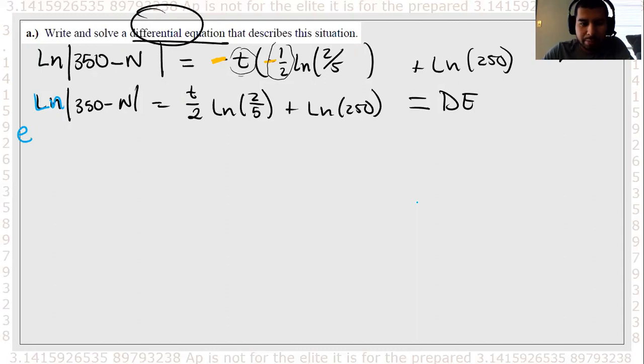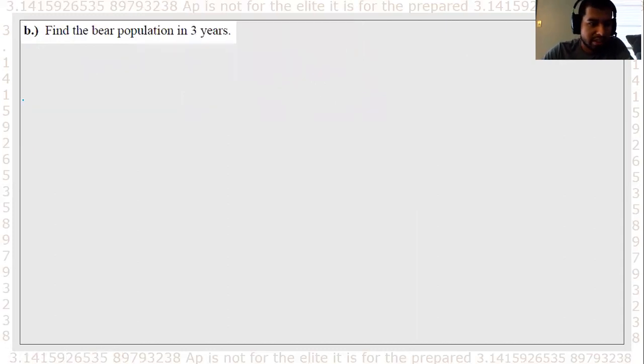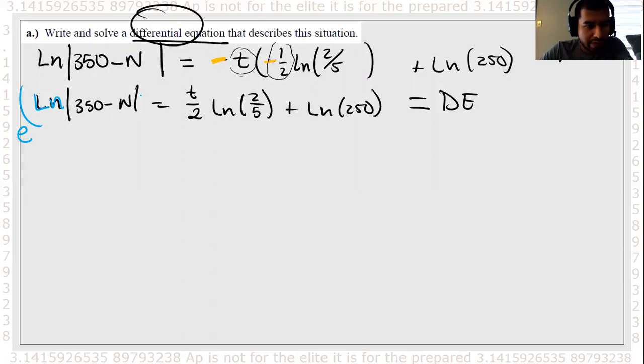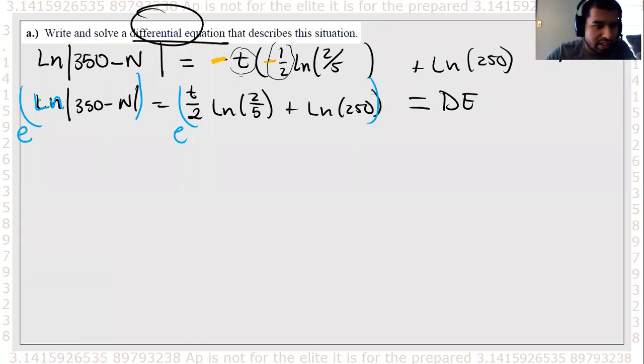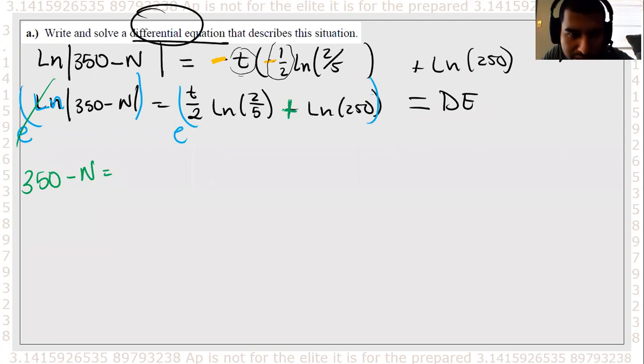Everything is going to be raised to an e, unfortunately. Keep in mind, guys, it's not that bad. Everything's going to simplify. You already did all the hard part, which was differentiating. So e to the ln, well, that's just the inside, 350 minus n equals, this is the part that's difficult. But I want you to remember, guys, every time you see the plus, you can split it up as two different exponentials.